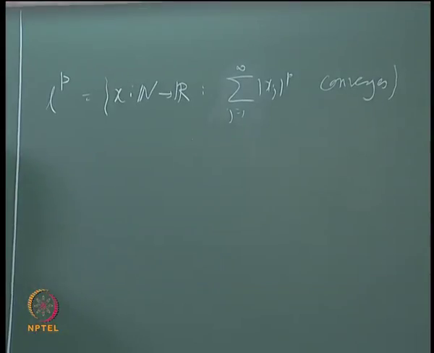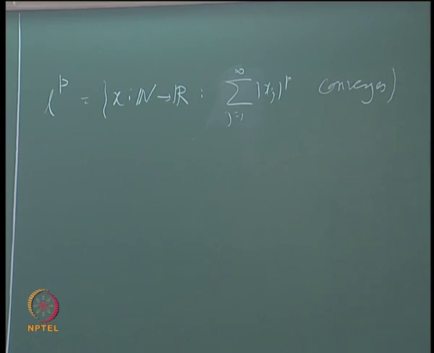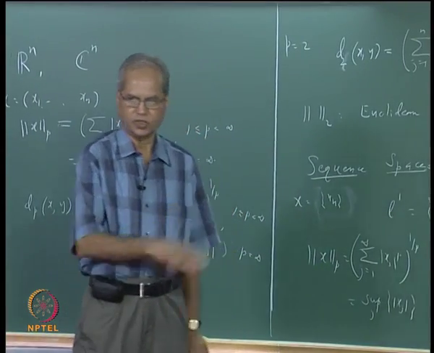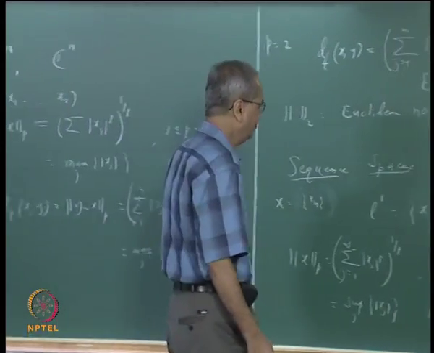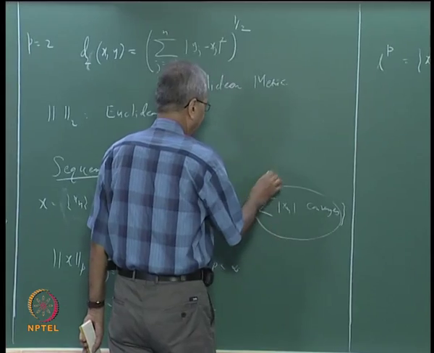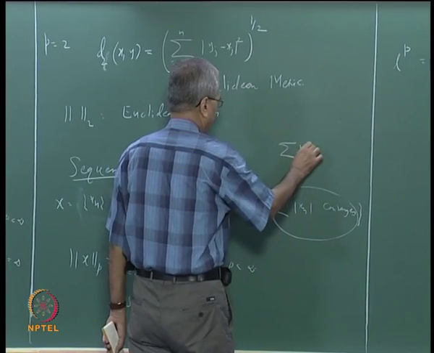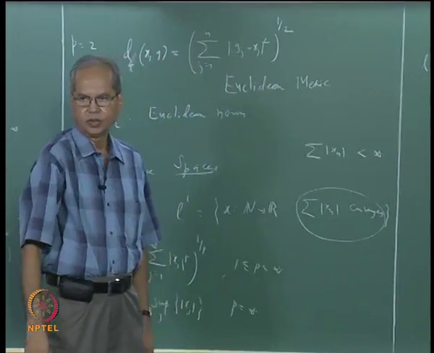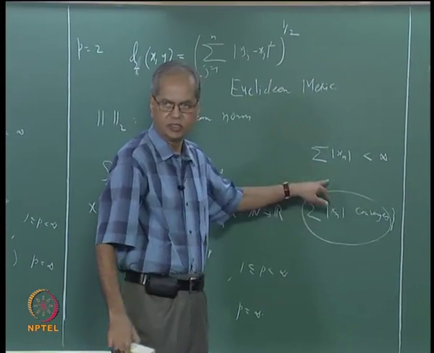By the way, let me also say that when the series is of non-negative terms, we have seen that the series converges, it is same as saying that its sequence of partial sums is bounded. So that is why many books will also use this notation sigma mod xn strictly less than infinity, that means the same thing, that sigma mod xn converges.